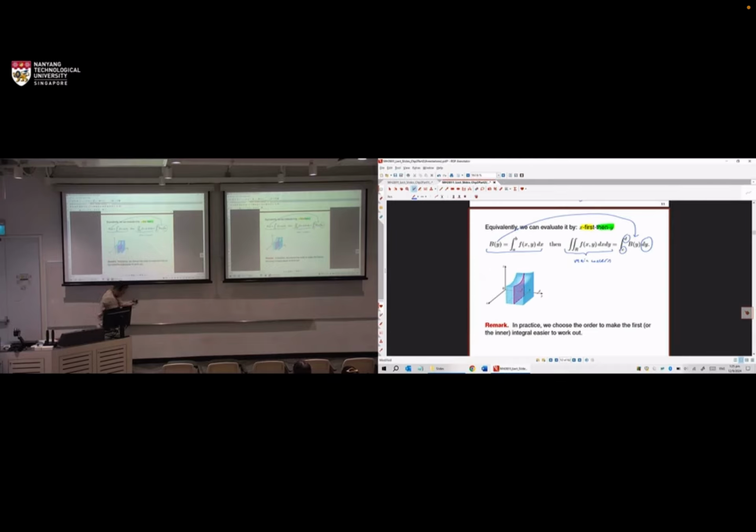Because you start off with integrating with respect to x first, your y is kept as a constant. Y is kept as a constant here, and x you integrate from a to b.